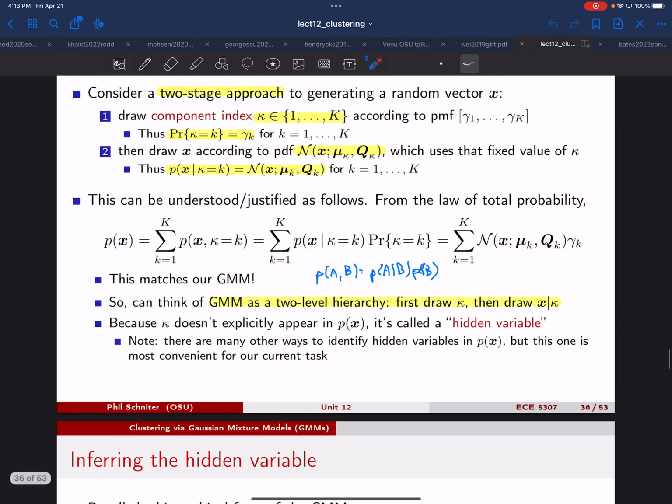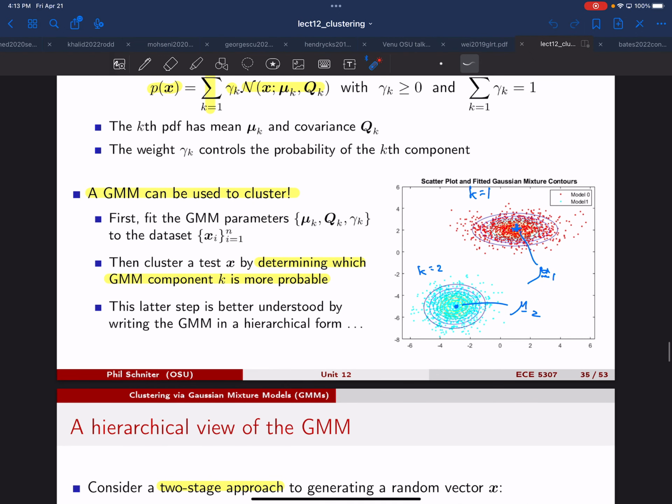So Gaussian mixtures, basically we have some data like these dots, and we want to fit a mixture of Gaussians. So it's like a set of different Gaussians. Each one has a different mean, which tells us its center, has a different covariance, which tells us how it's stretched, and has a different height.